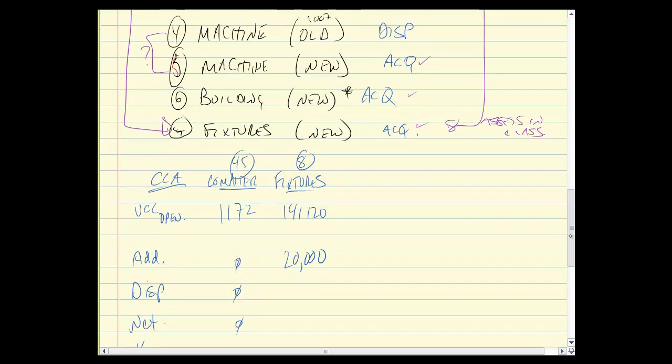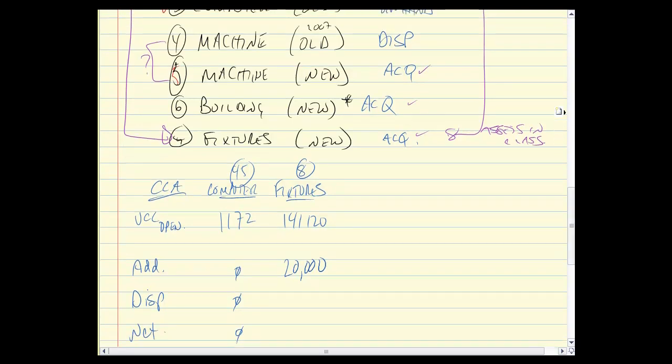What are the dispositions from this class? So we have to go back here. So first of all, what are we looking for in terms of what number will go on a CCA schedule for a disposition? Alex? Lower of capital cost. Right. Okay, so I don't want to gum up this schedule too much, but let's just remind ourselves here. We'll just put it for all to see. Lower of cost and proceeds.